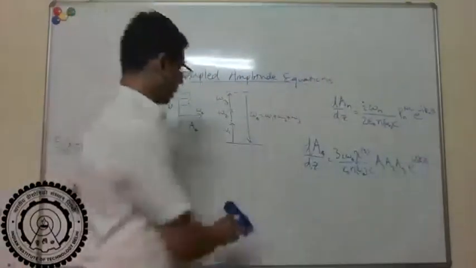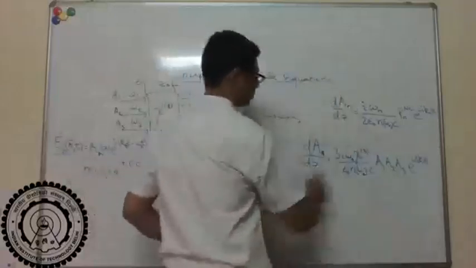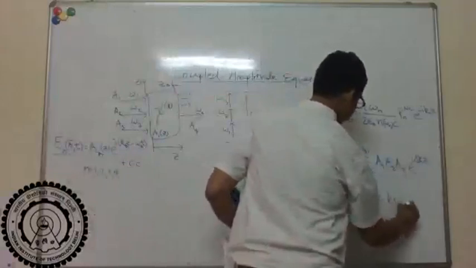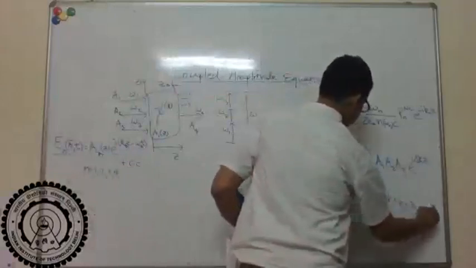Okay, and I define this quantity delta k as k1 plus k2 plus k3 minus k4.